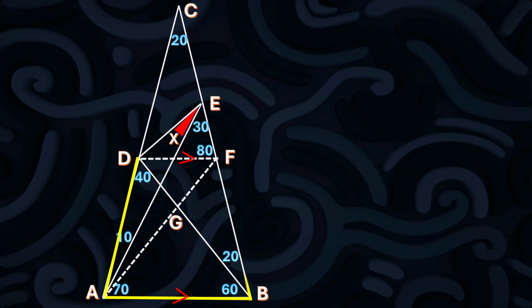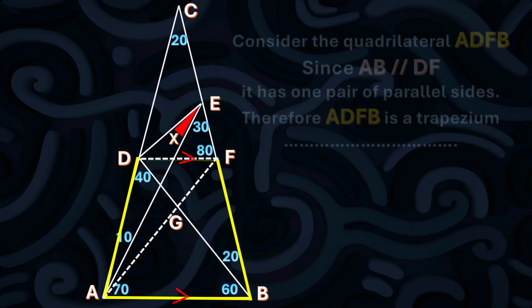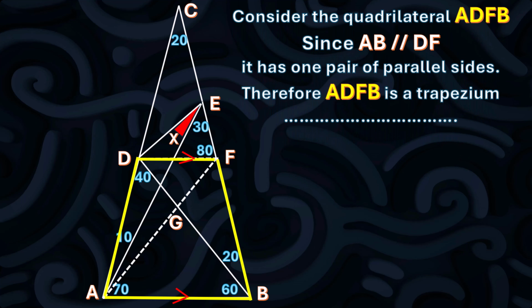Now we can form a quadrilateral. Consider the quadrilateral ADFB. Since AB is parallel to DF, it has one pair of parallel sides. Therefore, ADFB is a trapezium.